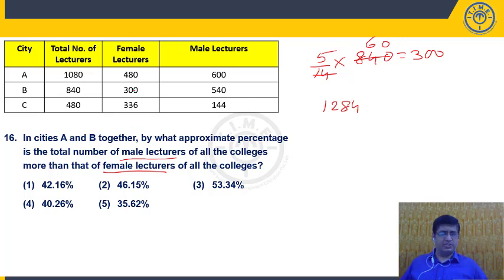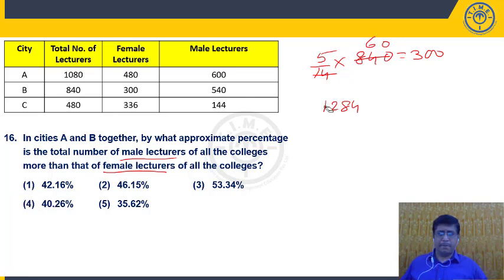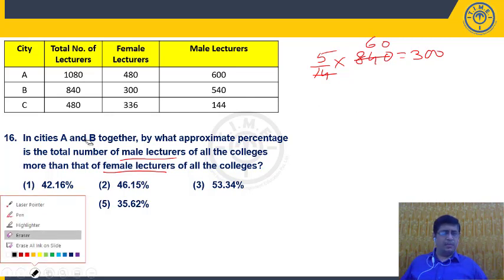And for female lecturers here, it is 400 plus 600, 1000. Oh, sorry, only A and B. Let me erase this one. Only A and B together.